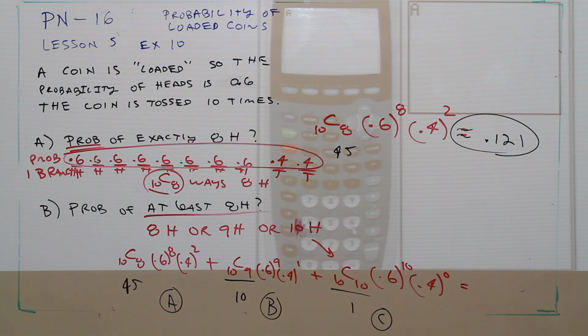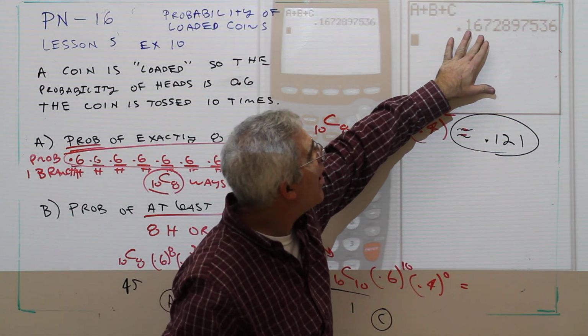Alpha A plus alpha B plus alpha C, enter. And I get about 0.167.